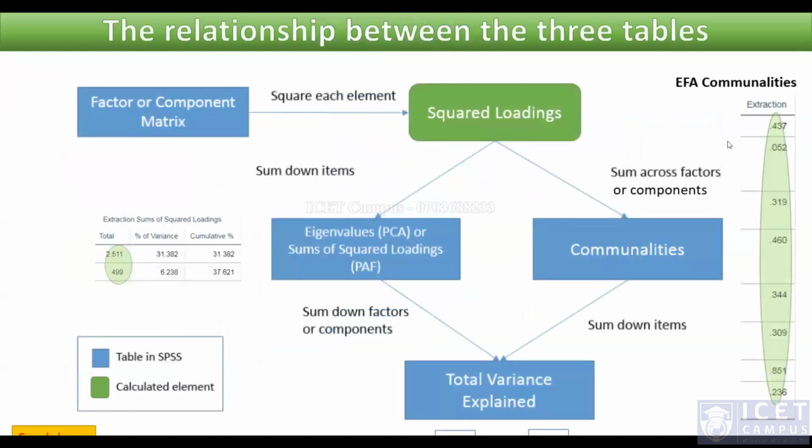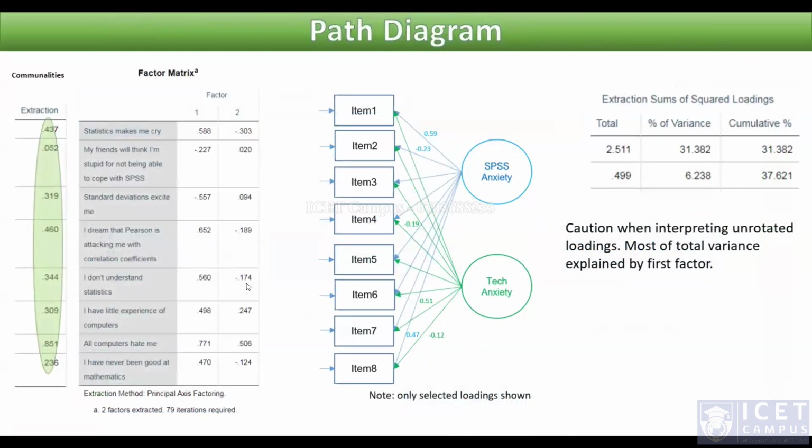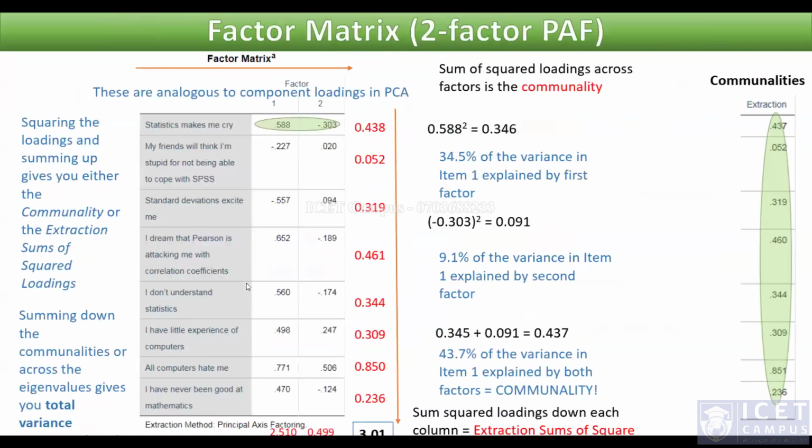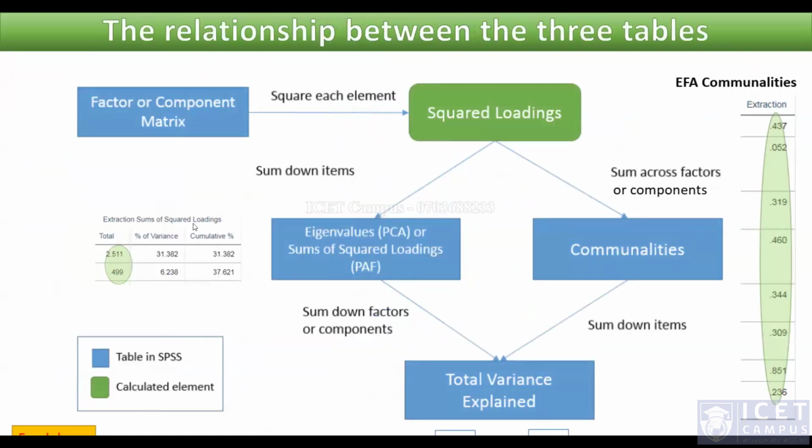The relationship between these three tables. There are these three tables. First one, factor or component matrix. First matrix, and the square of each element. If we take the square of each loading, we get the squared loadings.